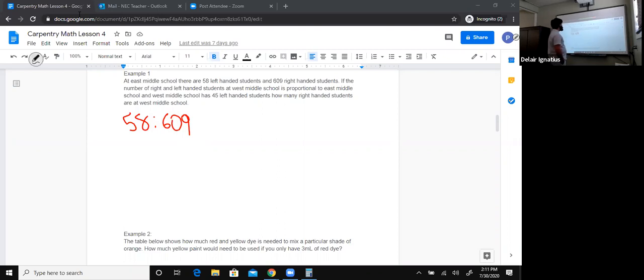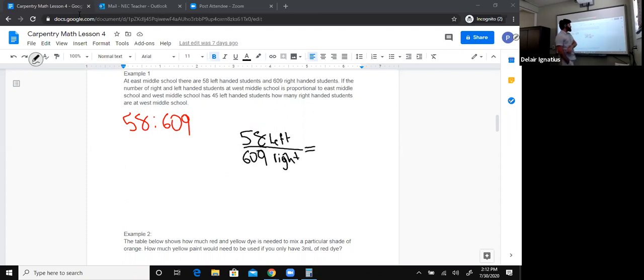So the one we know is that East Middle School has 58 divided by 609. Sorry, that's 58 left. 58 of the students at the East Middle School are left-handed, and 609 are right-handed.